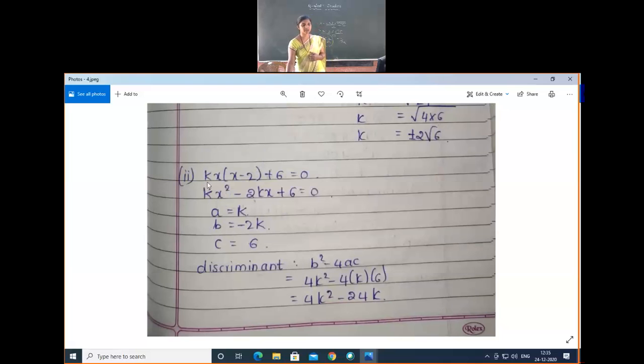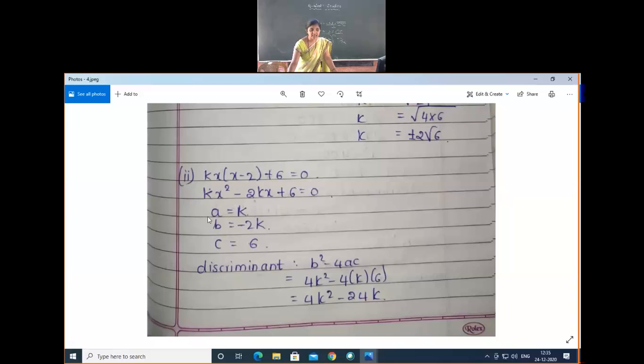kx into x minus 2 plus 6 is equal to 0. First we have to remove this bracket and convert this into the form of a quadratic equation. That is kx into x is kx square, minus kx into 2 is 2kx, plus 6 is equal to 0. Now observe this is the standard quadratic equation form.